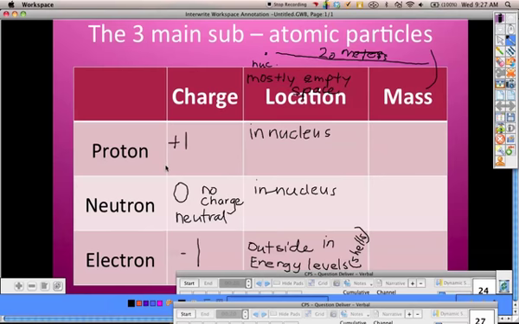Okay, the mass. We have masses of protons equal to 1 AMU. That stands for atomic mass unit. Neutrons are also 1 AMU, 1 atomic mass unit.